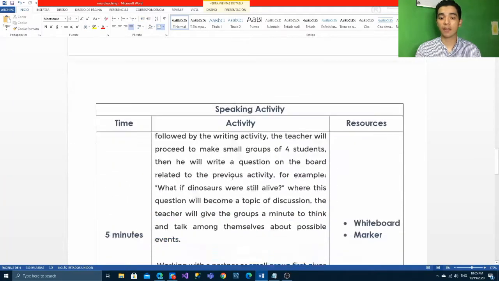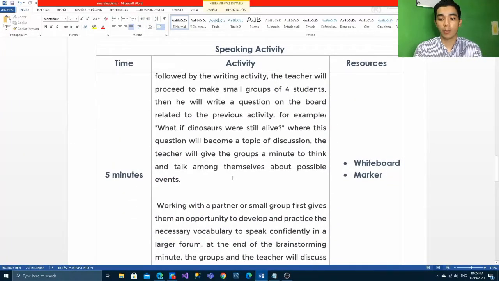Next we have the speaking activity, followed by the reading activity. The teacher in this activity will proceed to make small groups of 4 students. Then he will write a question on the whiteboard related to the previous activity, for example, what if dinosaurs were still alive?